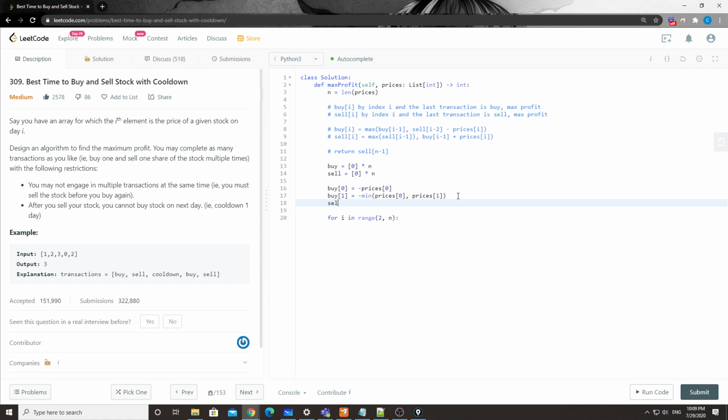And then the sell, right? So for sell[0], of course, sell[0] is 0, right? Because if we sell at 0, it doesn't make sense since you haven't bought any stock yet, so you cannot sell, and that's why sell[0] is 0.